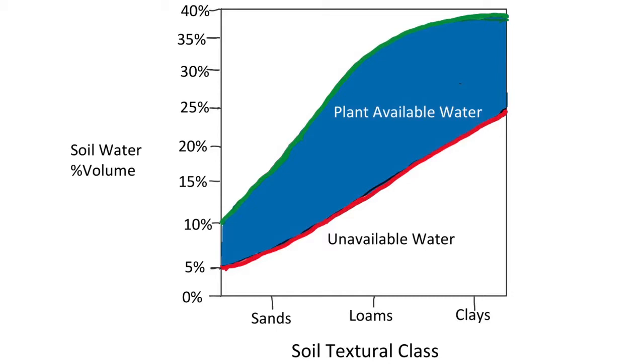So that's where you get that largest distance and the highest volume of plant available water in a soil. As you move into the clays with that higher surface area, that distance starts to narrow up. That red line increases, and you've got a little bit less plant available water in between that wilting point at the red line and the maximum amount of plant available water on the green line.